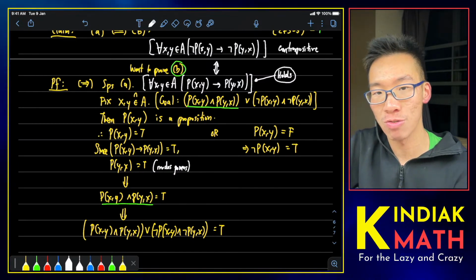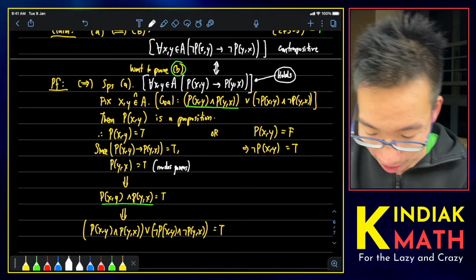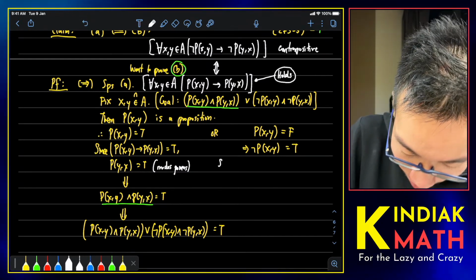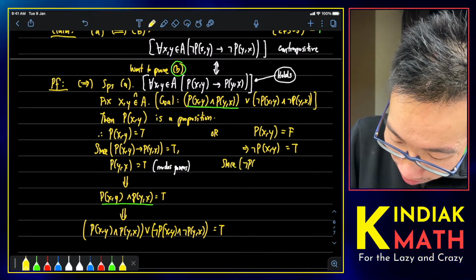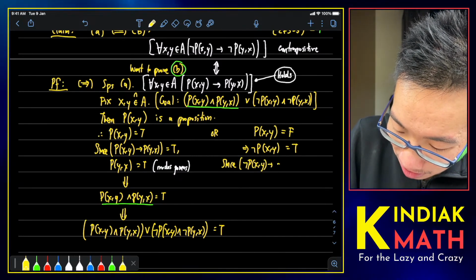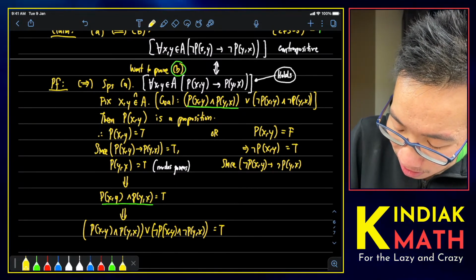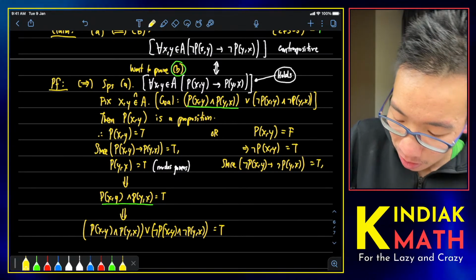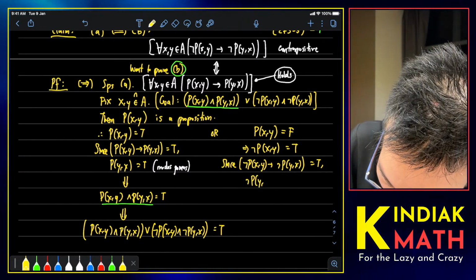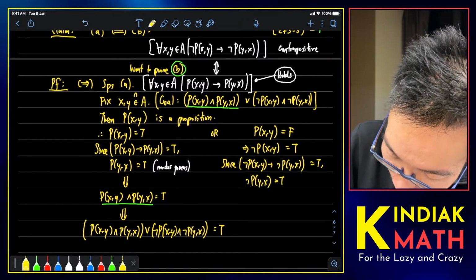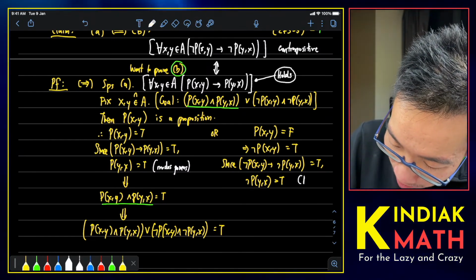It tells us that this is true. And what it tells us is that since the negation of P(x, y) implies the negation of P(y, x) is true, we can conclude that the final guy has to be true. Once again by modus ponens.